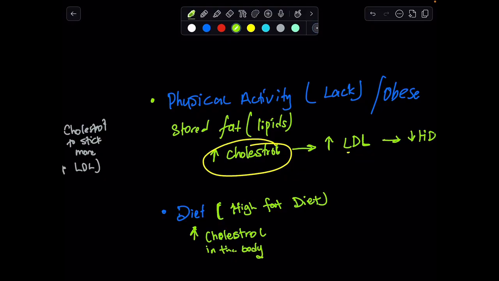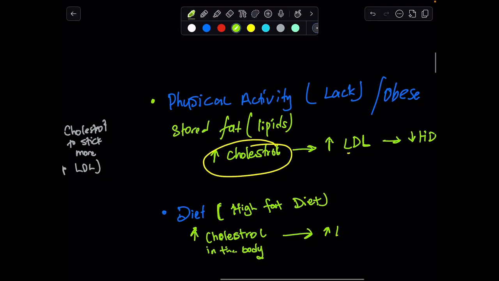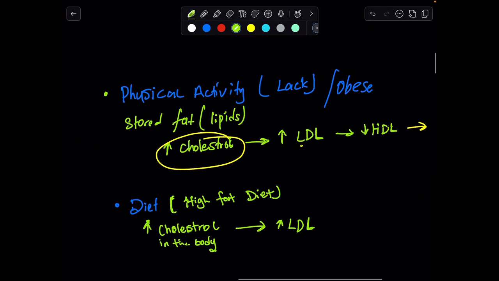And more cholesterol in the body means what? More pickup. Who is the pickup person? Lazy Luffy's picking it up. And Lazy Luffy's taking it where? To the arteries.